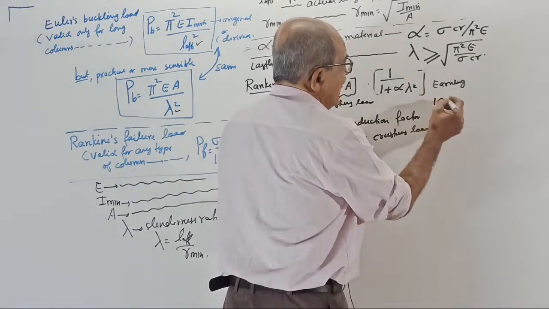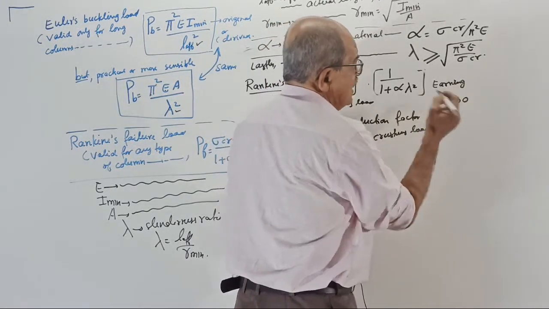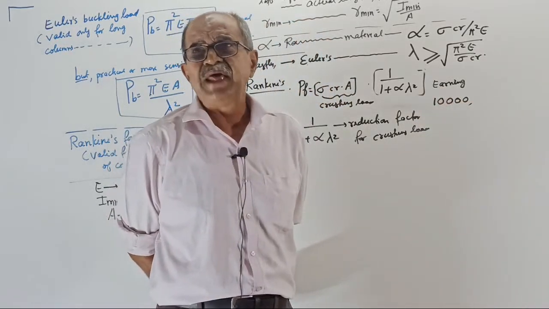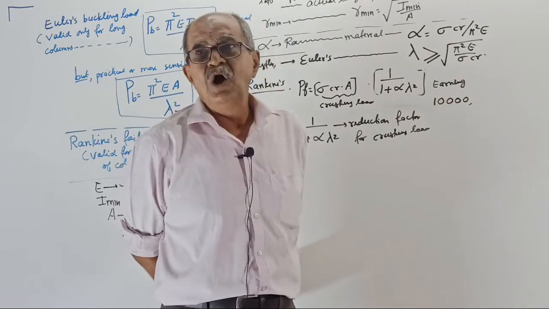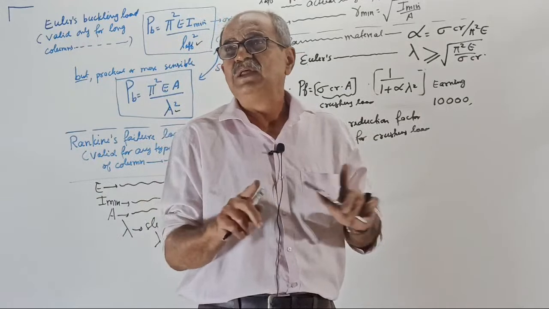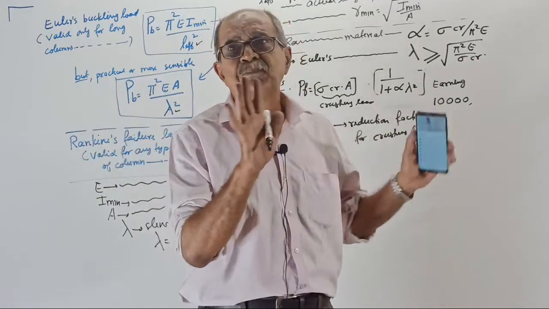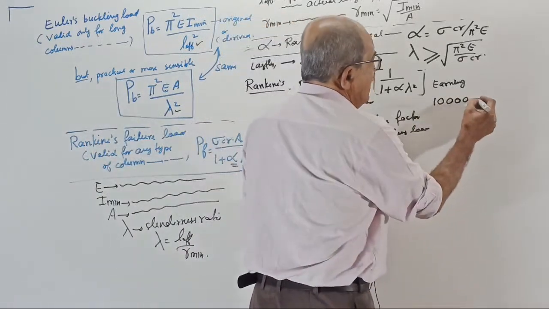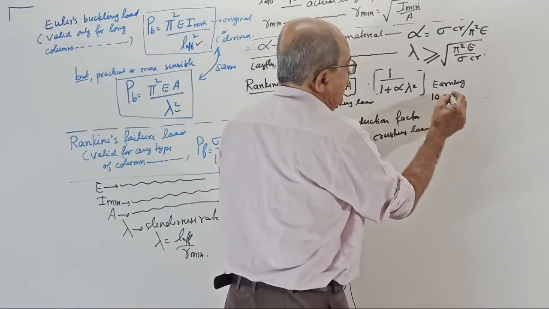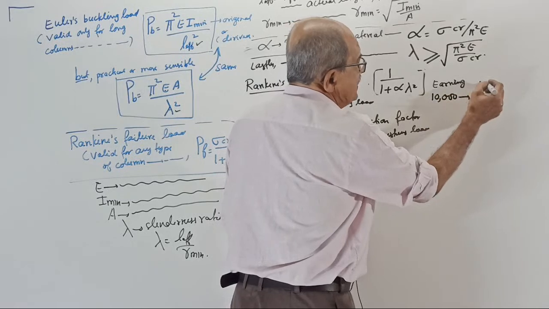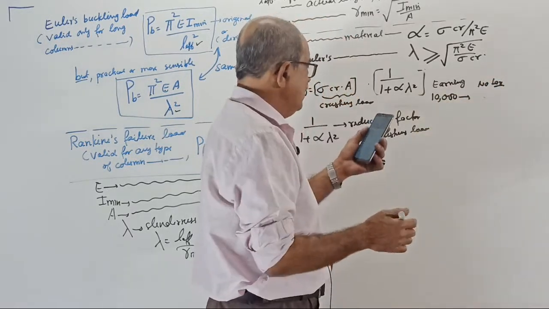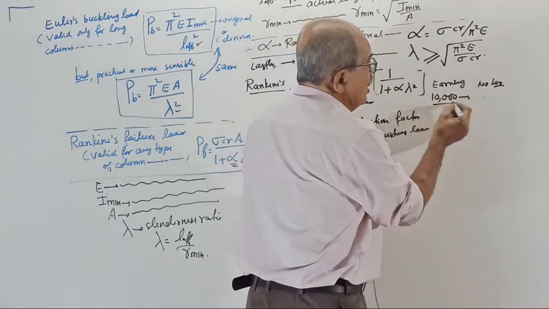You can imagine per day also, no problem. If there is no tax, no deductions, no reduction, full money will come to you. If the earning is 10,000 rupees, how much money will you get? This is crushing load.